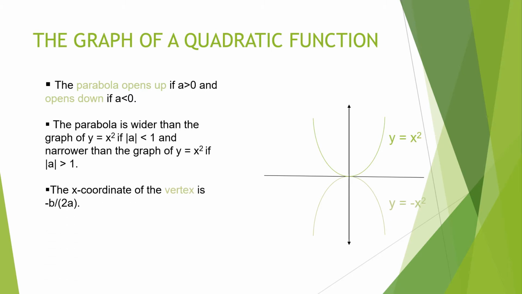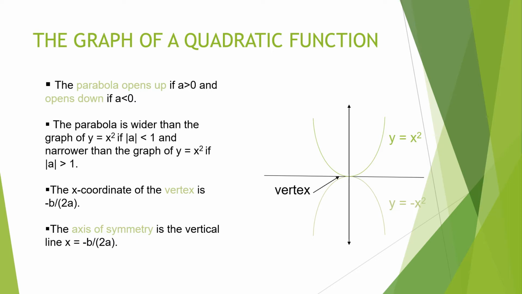If the vertex of the parabola is denoted by the x-coordinate and y-coordinate, or represented by h and k, and you want to determine the value of the x-coordinate, then you can use the formula negative b over 2a. The axis of symmetry is the vertical line passing through the vertex.